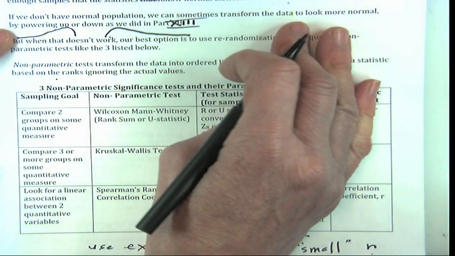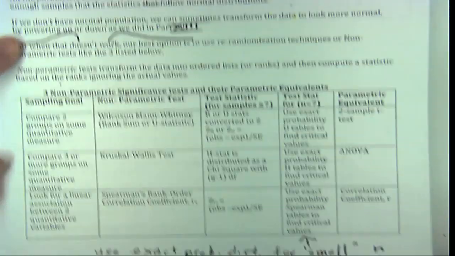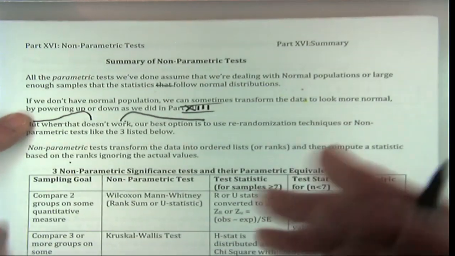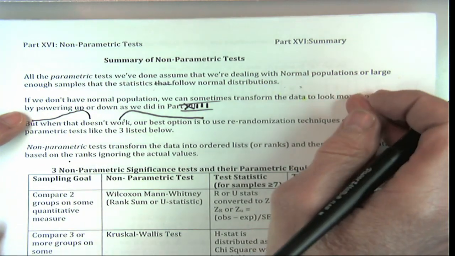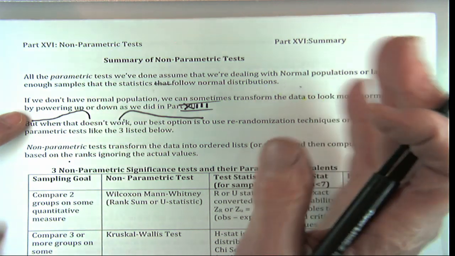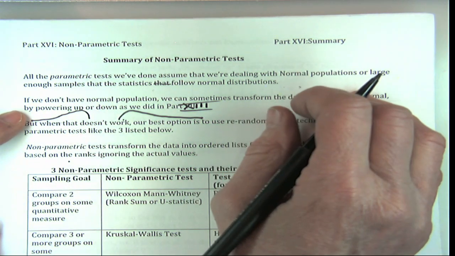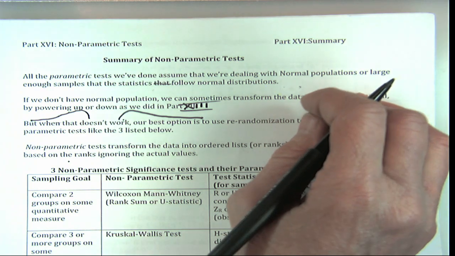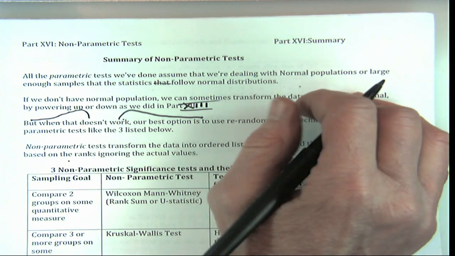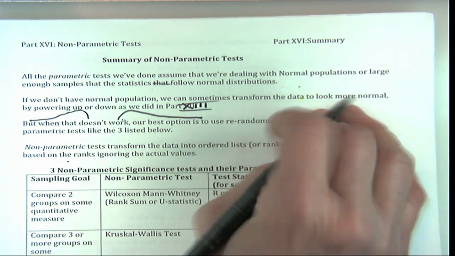Also, how about with logistic regression? That wasn't normal either. So we put it into a form where our parameters were normal once it was in the log odds form.